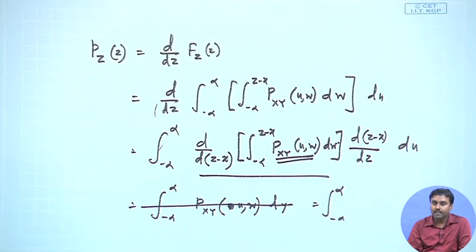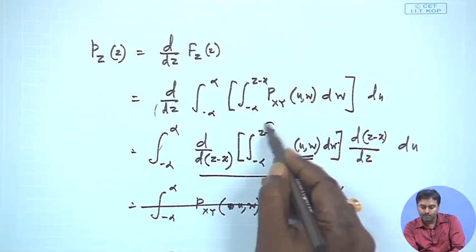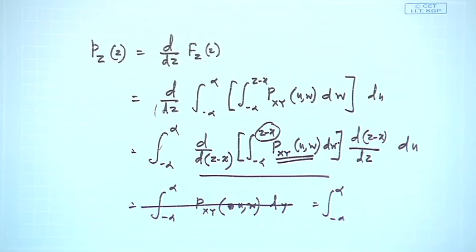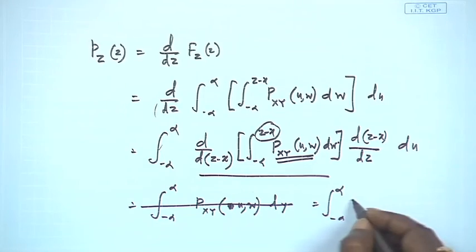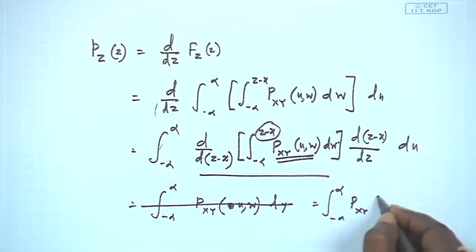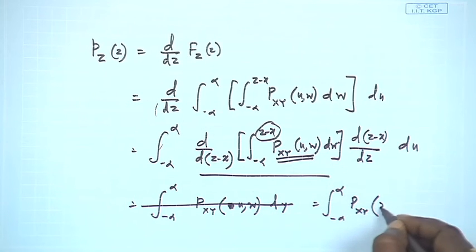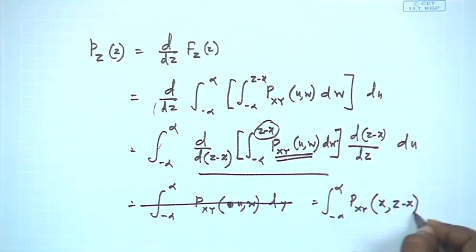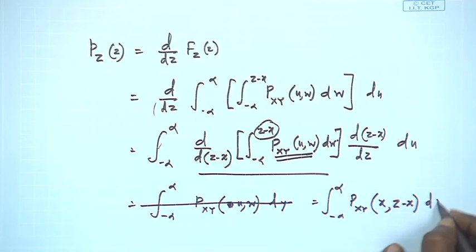This will just be up to that function, up to this value. This integration and differentiation gets cancelled, but after cancelling, the value that remains is that value, right. So, I can write this as p_XY. This u now becomes the x, and w becomes up to this z minus x, and if it is x, I will be having x.